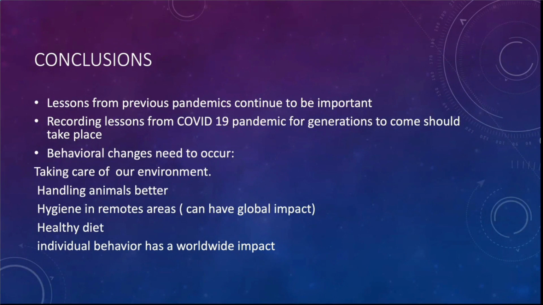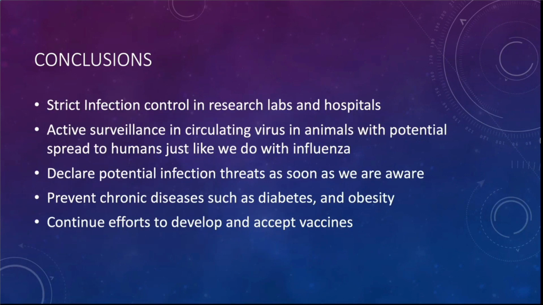Ideally, less hormones, less preservatives. We need to improve our behavior because our individual behavior may have an impact somewhere worldwide. Strict infection control is important in research labs, especially when they're researching specific viruses, and in hospitals and other places where large communities gather.